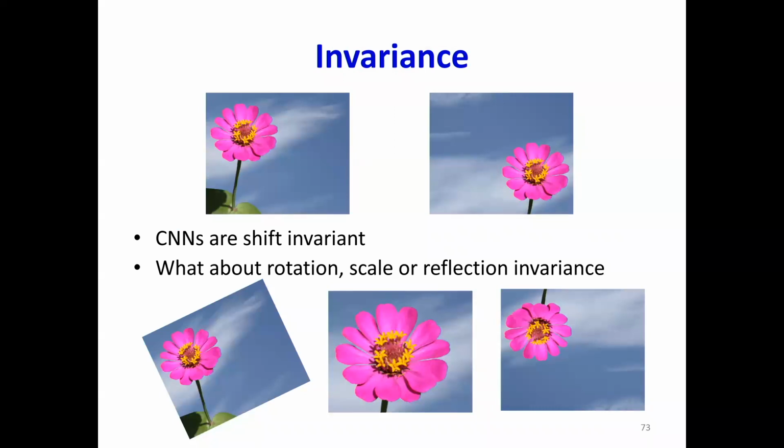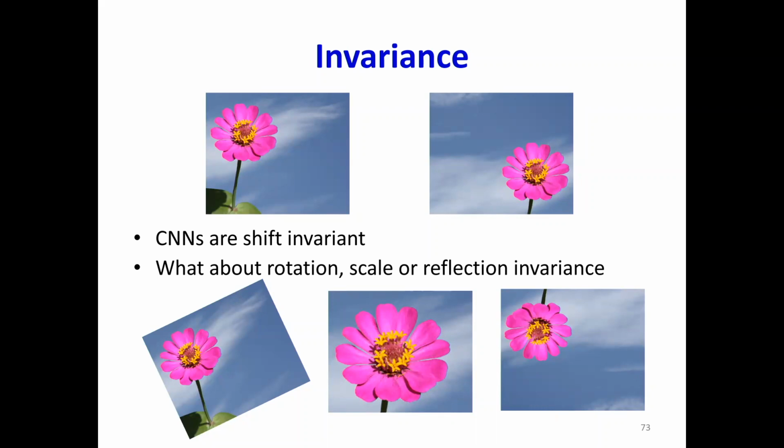If my network has been trained to recognize a flower, when we trained CNNs, the idea was that the network must fire regardless of whether the flower occurred here or here. But would that network fire if the flower were like this? No, this is not a flower. This is an upside down flower, right? What about for this guy?